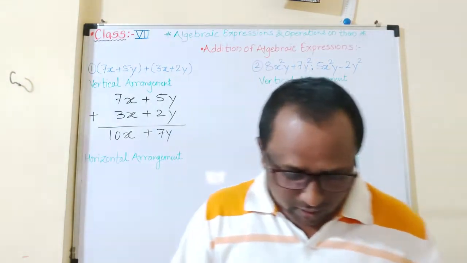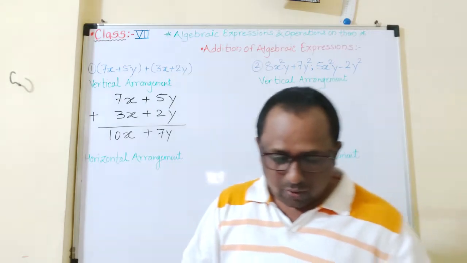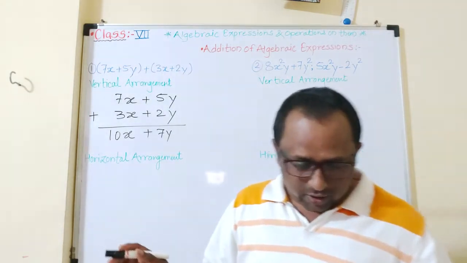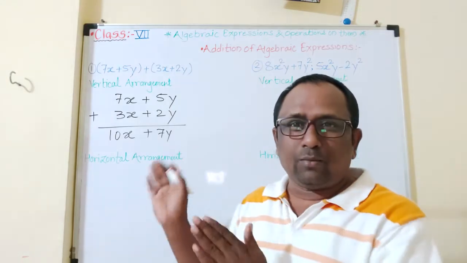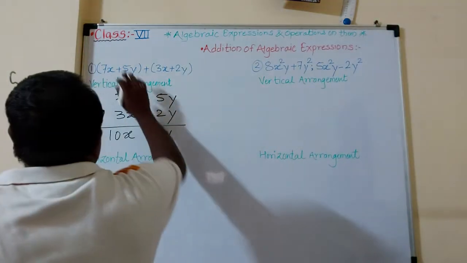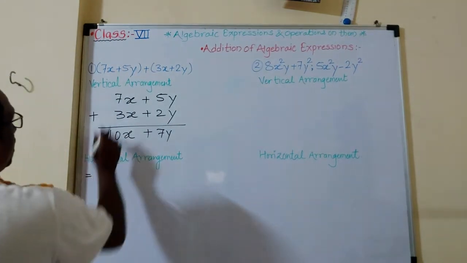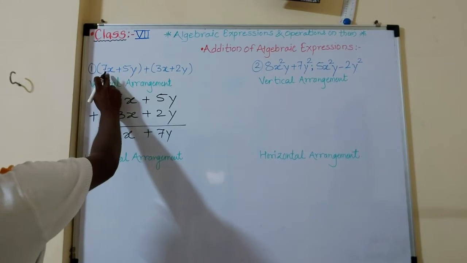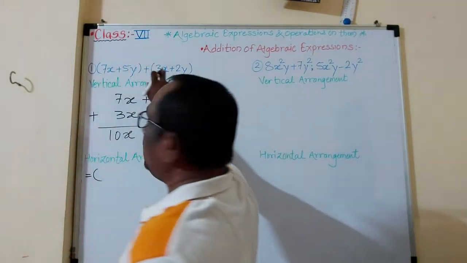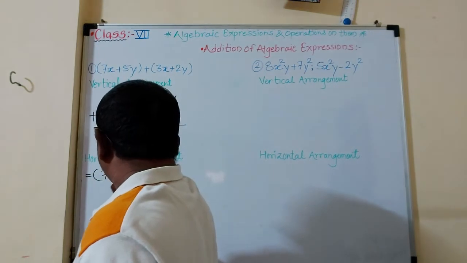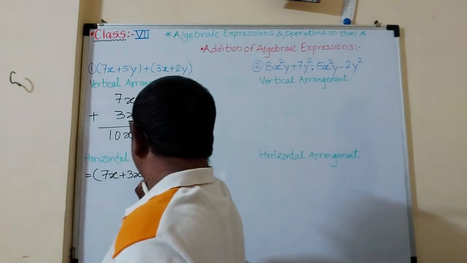Now students, we will see the horizontal arrangement. In the horizontal arrangement, in the same way, we take the like terms together. Same example: first write this step. Then the like terms are 7x and 3x, so 7x plus 3x.